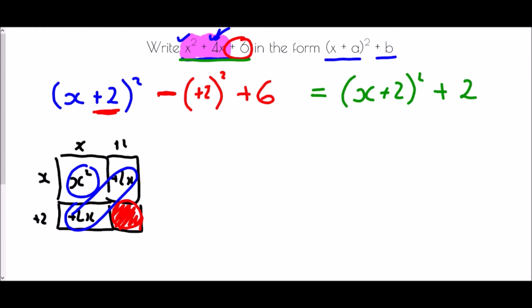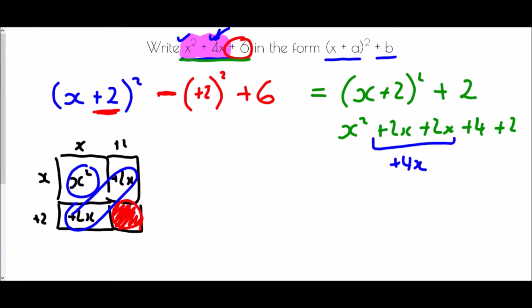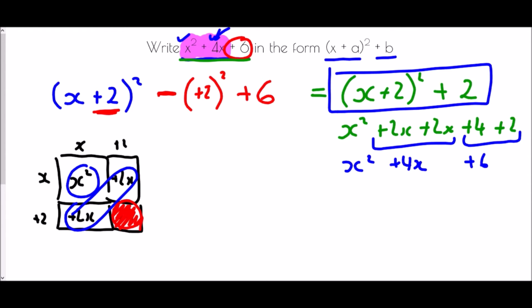Well, x times x is x squared, x times 2x is plus 2x, x times 2 is plus 2x, and 2 times 2 is plus 4, and then at the end plus 2. Simplify it all, this is plus 4x, simplify this, it's plus 6. And so I have x squared plus 4x plus 6, and so this is the exact correct answer.